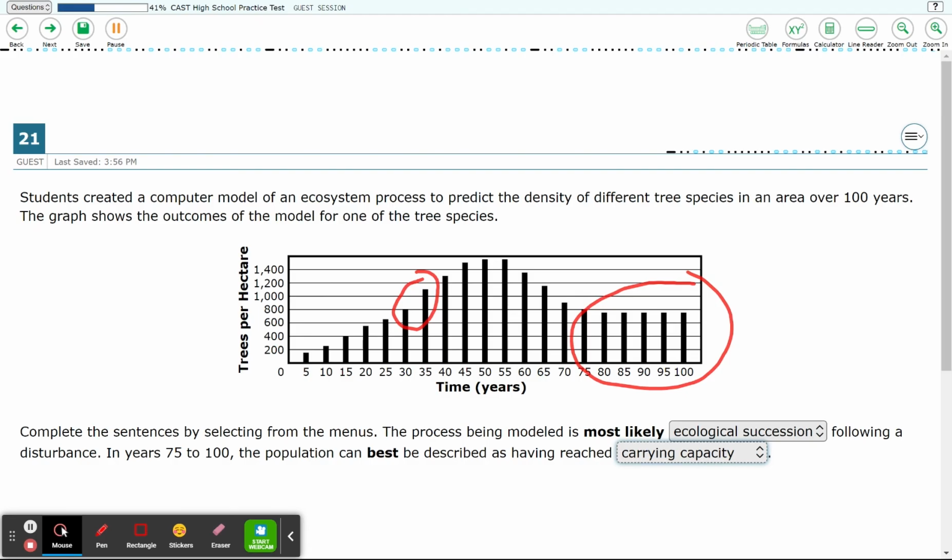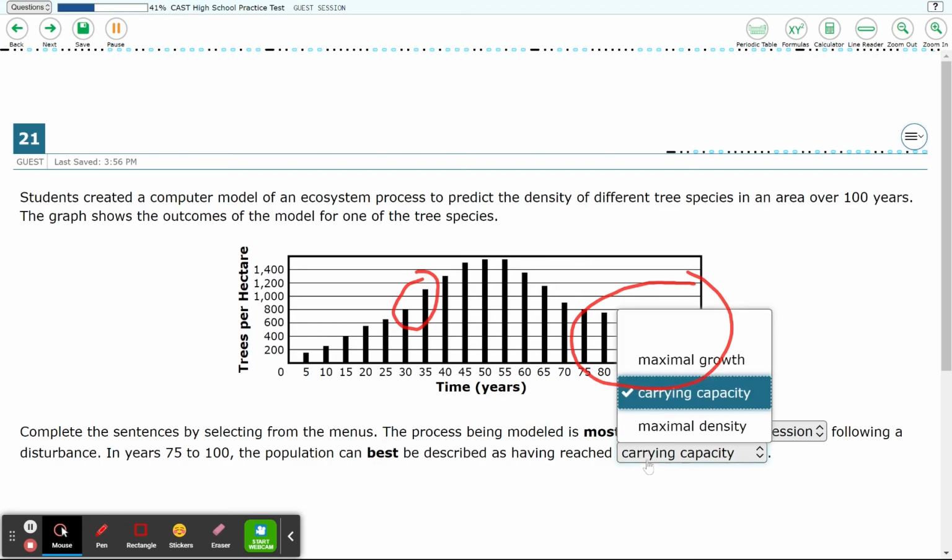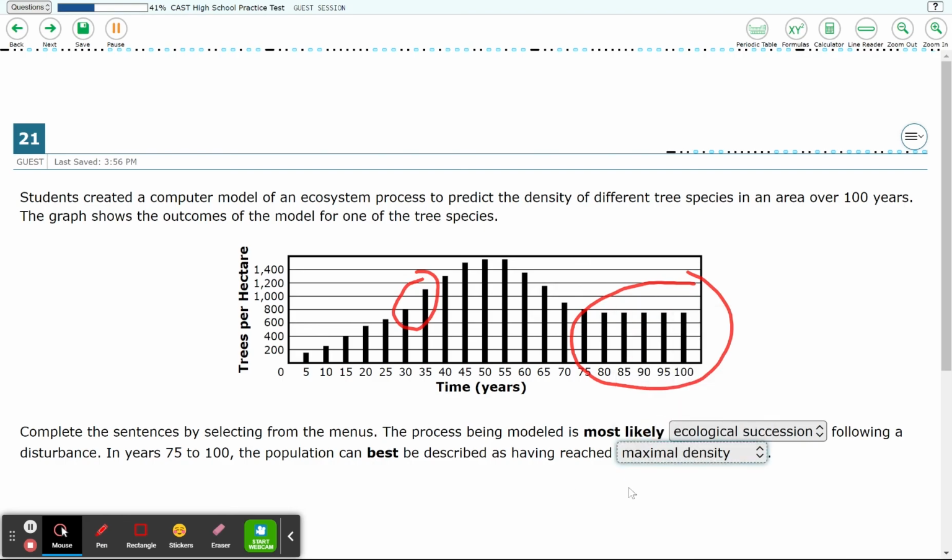Carrying capacity is the maximum number of organisms of a species that an ecosystem can sustain, meaning they can keep having. We definitely had more back here, but we can see that it quickly decreased after that. But here it appears that we are sustaining that. So carrying capacity looks pretty good. But let's take a look at our last definition just to make sure.